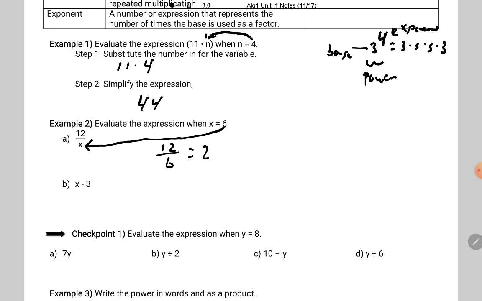Part B, x is still 6. So 6 minus 3 is 3. Now, yes, I'm putting an equal sign, but I'm just showing my work, the simplification process.